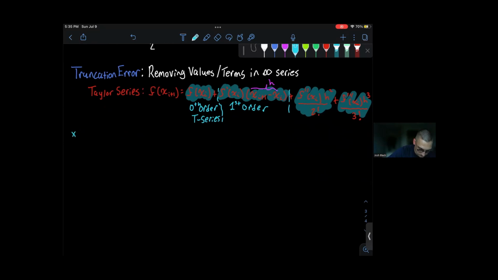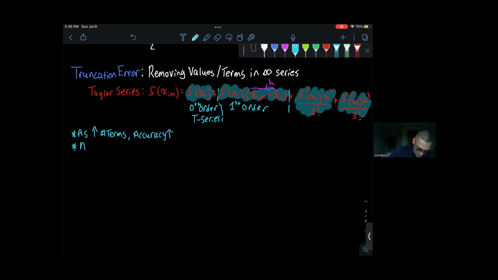What we learn is as we increase the number of Taylor series terms, our accuracy increases, meaning we get closer to the true value.